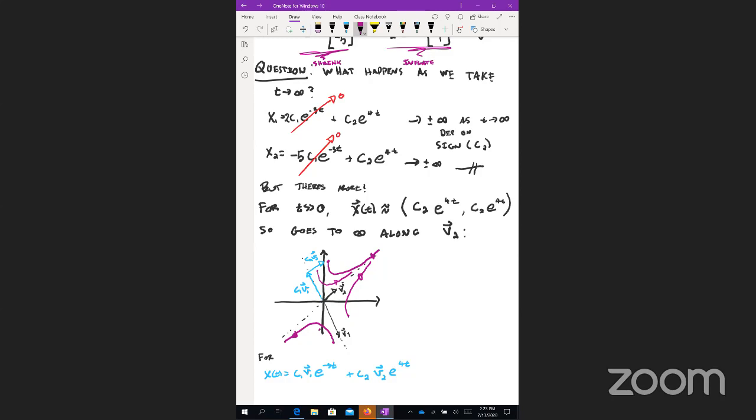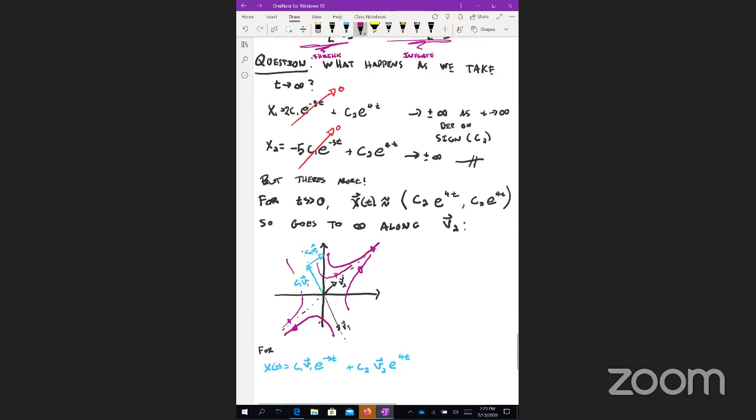So the solutions are sort of asymptotic to infinity, but they're more than that, right? They're not just asymptotic to infinity, they're also asymptotic along the eigenvector v2.